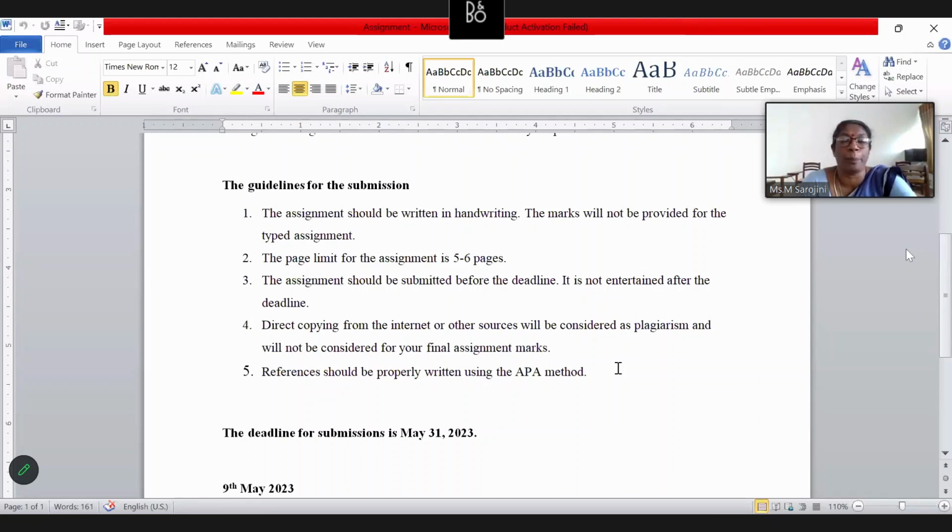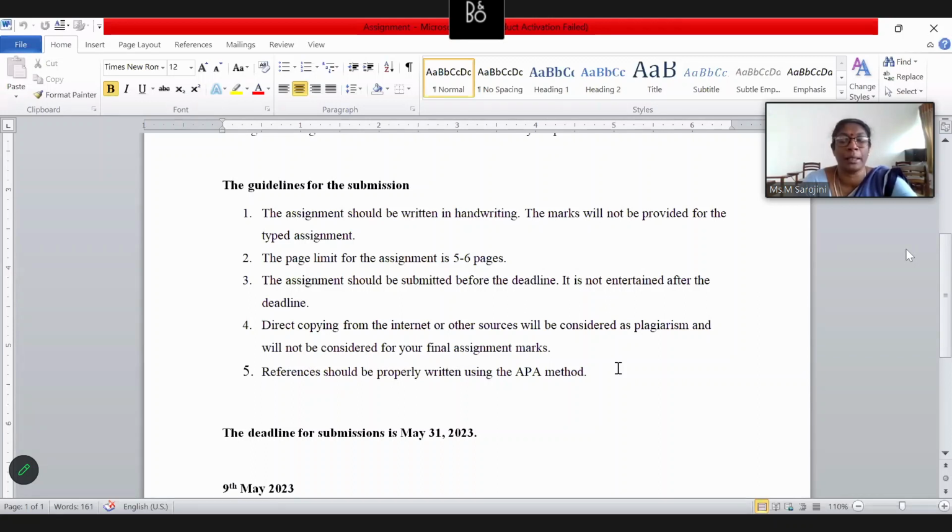Direct copying from the internet or other sources will be considered plagiarism and will not be considered for your final assignment marks. Therefore, you have to read the sources and references and write in your own words.